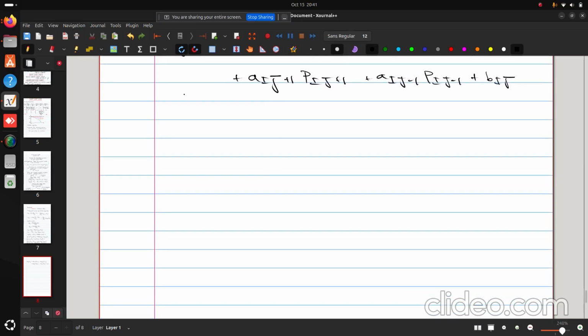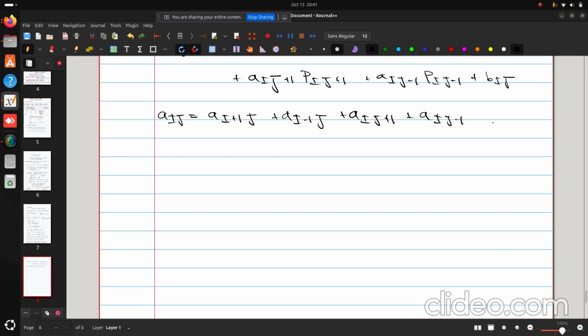And we have A capital I capital J is A capital I plus 1 capital J plus A capital I minus 1 capital J plus A capital I J plus 1 plus A capital I J minus 1, and so on.